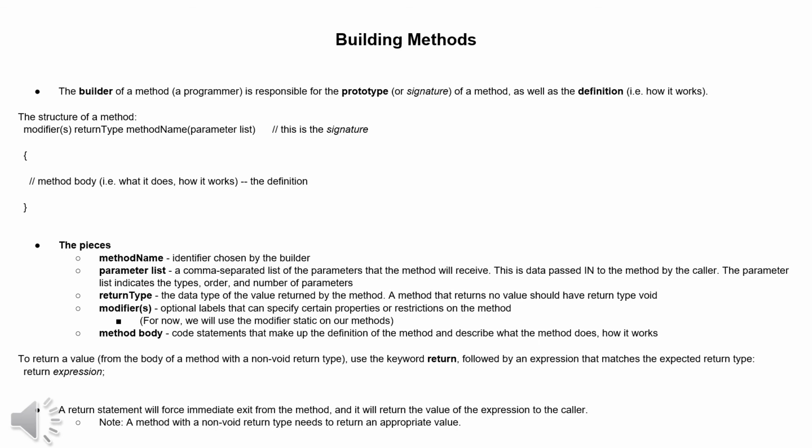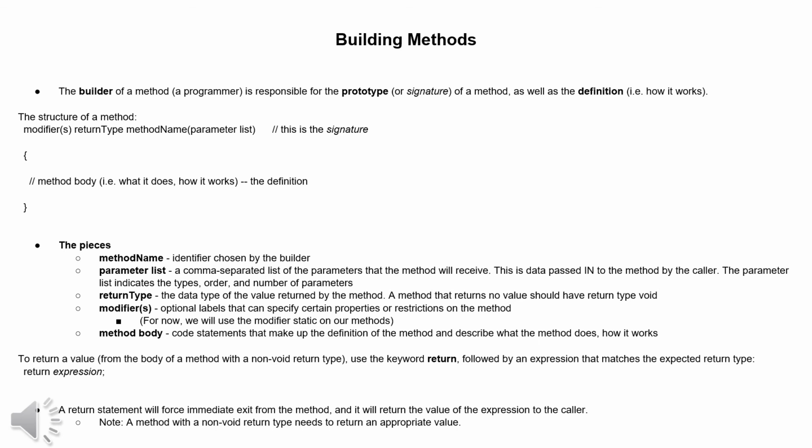So if this method is going to return something as a result, in the method body you need to use the keyword return. And after return, you will write down that special expression that this method is going to return.